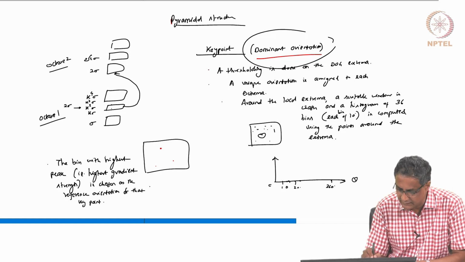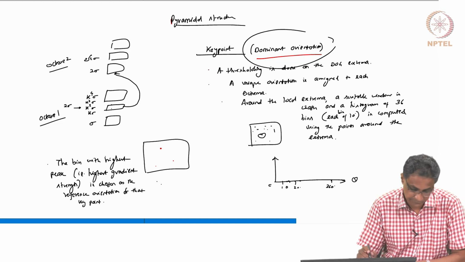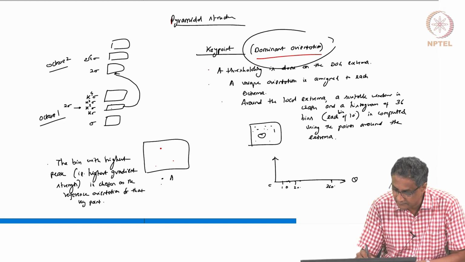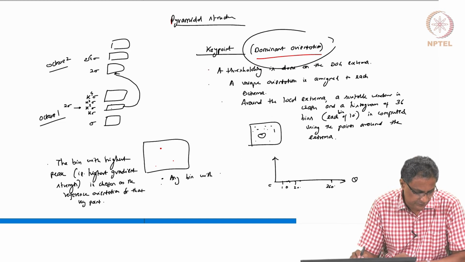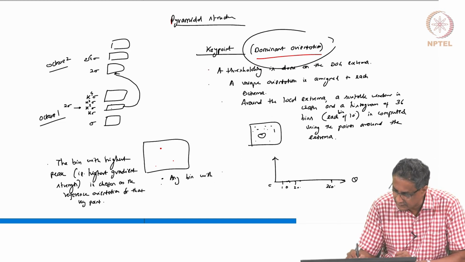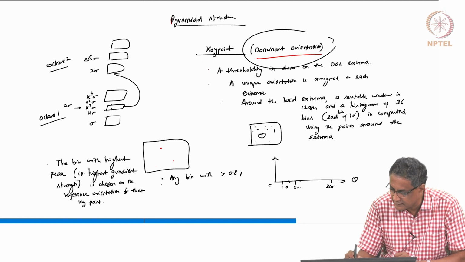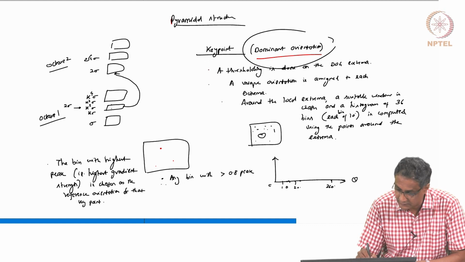And in fact, one more thing that they do is, any bin, these are all, again, very fine implementation issues, but I thought this was a little more interesting, so I'll write it anyway: greater than 0.8 peak is also considered a possible orientation.